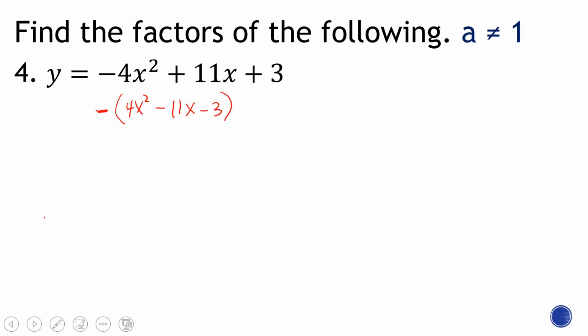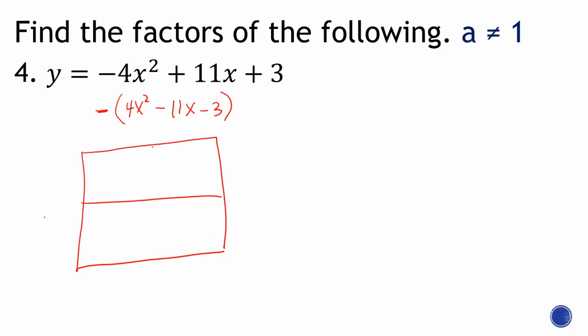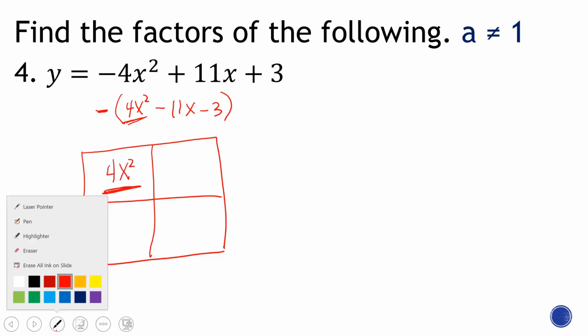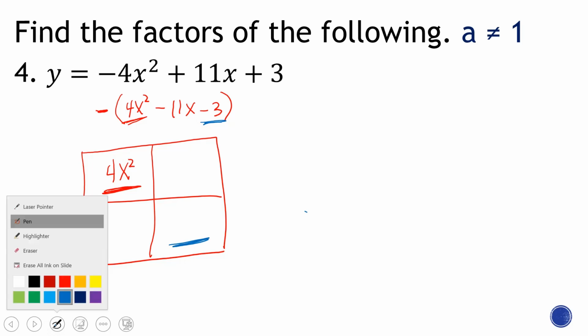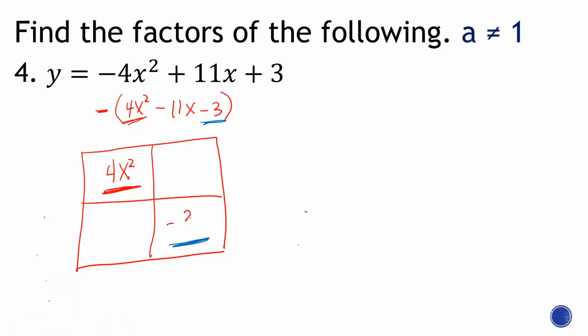Now, next, draw the box, 2 by 2 box. Okay, that 4x squared is here. Next is our negative 3. Let's put that here, then write all the x's in advance.